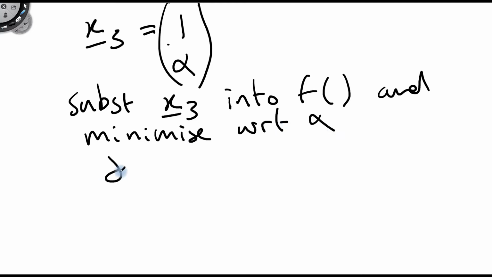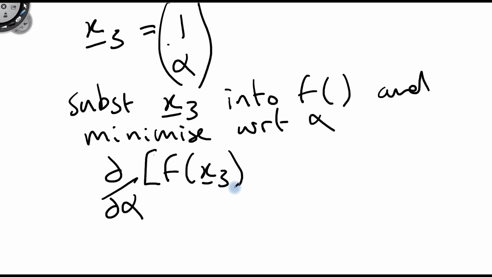So what we're interested in is d by d alpha of f on x3, and this is probably the trickiest stage, and obviously this is minimization, so it's 0 on that minimization. So we expect a function of alpha in there, so let's just write that up at the top.